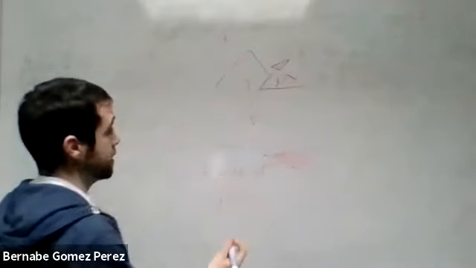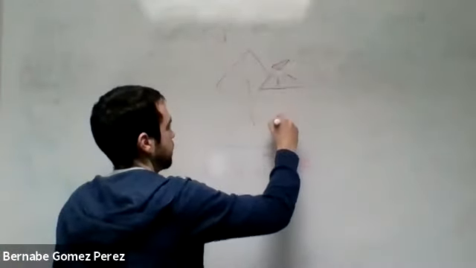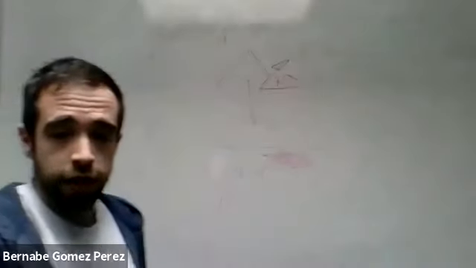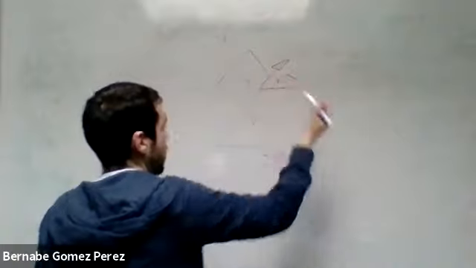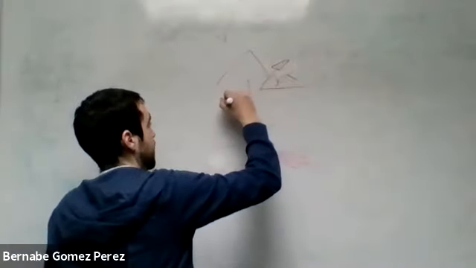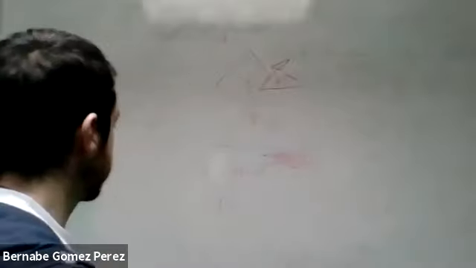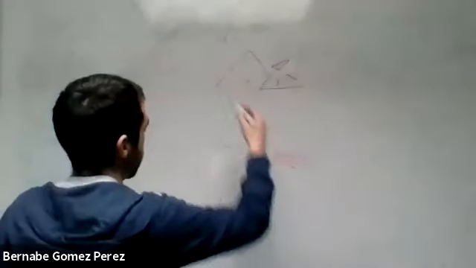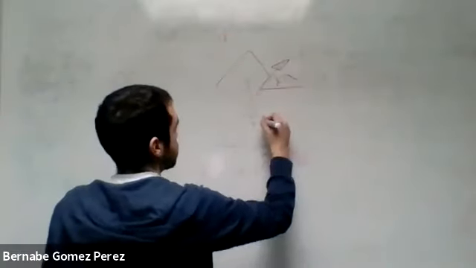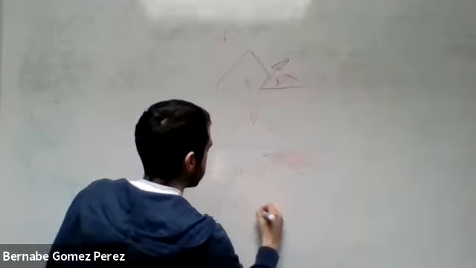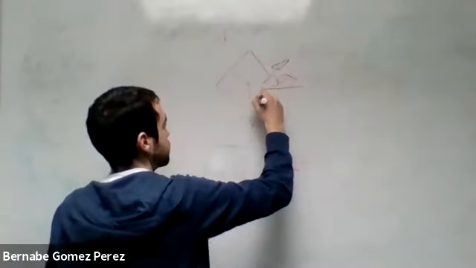In this case, because the weight mg is not orthogonal to the surface, we have to decompose it, right? We have one component parallel to the surface and one component orthogonal to the surface. So this normal force is going to be equal to mg multiplying the cosine of some angle, let's call it theta, okay?